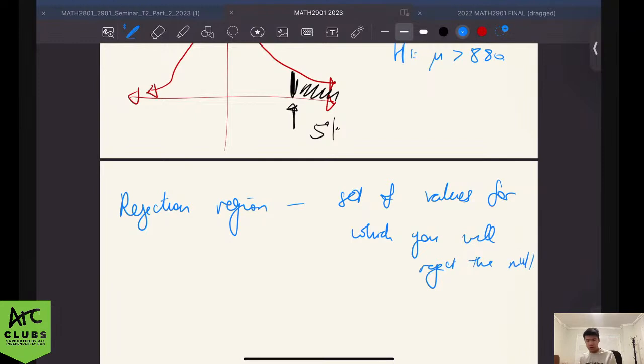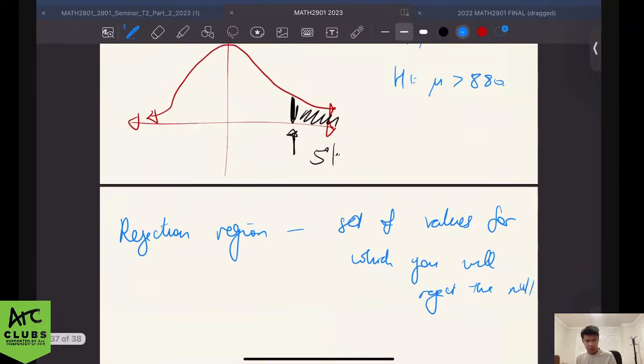So what you could do alternatively is find the value with p-value 0.05, which is a quantile, so t49,0.95. And then you could compare your test statistic to this number. I'm not sure what it is, I think it's like 1.6 or something.